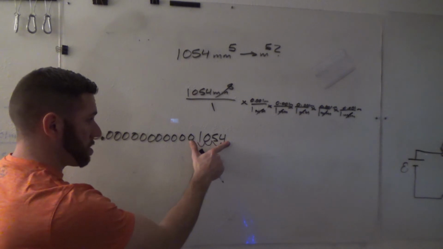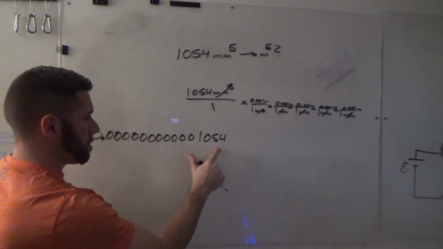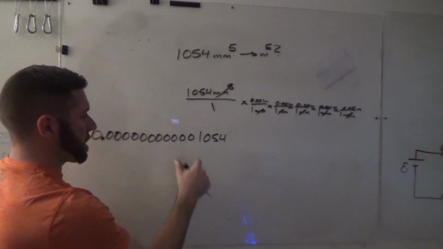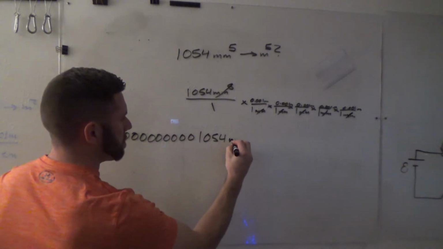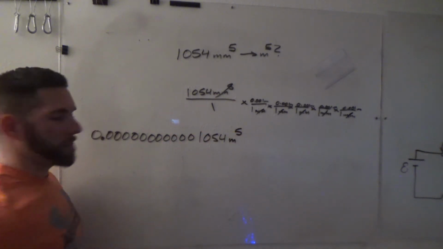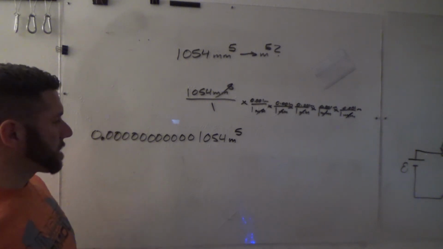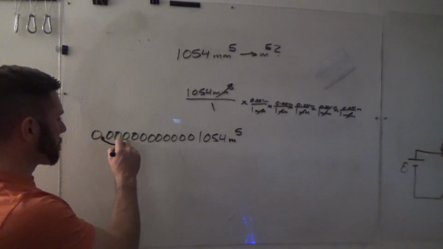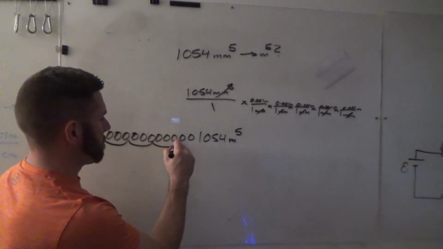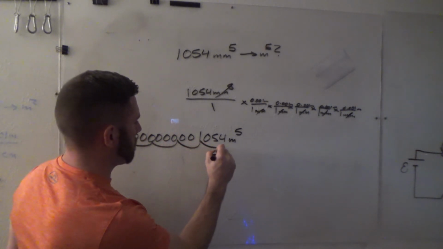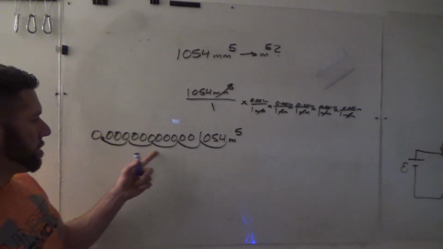Really small number. That millimeters cubed is going to be now meters to the fifth. That is how you do it, because one conversion goes 3, 3, 3, 3, 3.